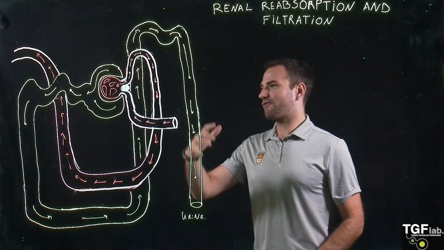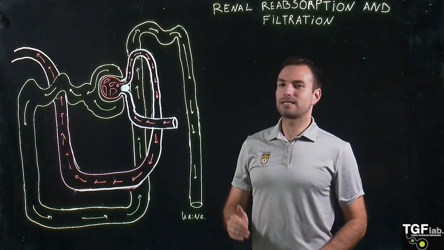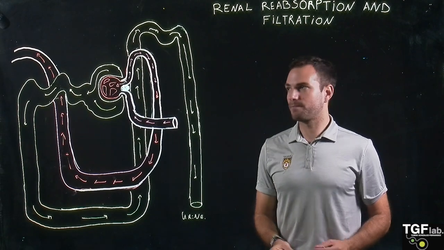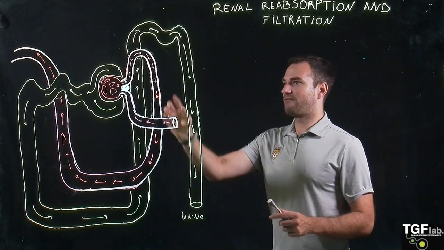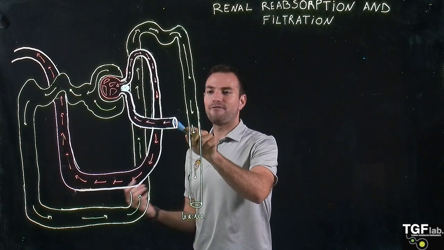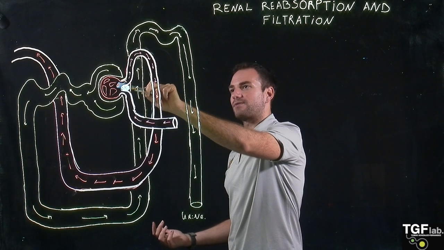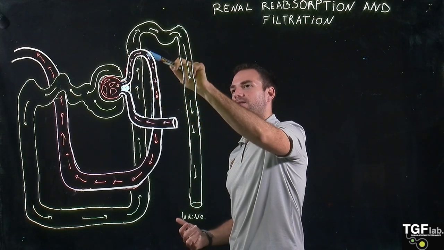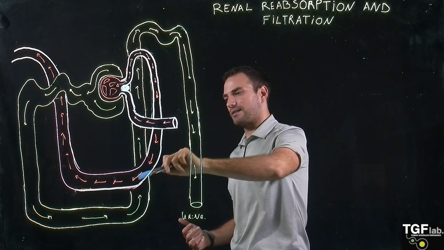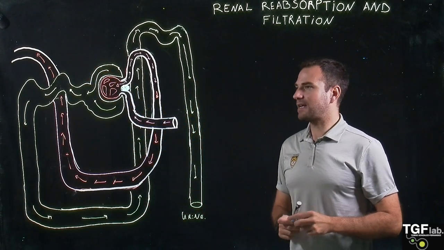But then the nephron also has all these tubular structures that are going to participate in this process of reabsorption and filtration. So just to have a look at the different flow of the fluids here, the unfiltrated blood comes through here, goes to the glomerulus, it gets filtrated, and then the filtrated blood comes through here in this direction, back here, and back to our body, outside of the kidney.